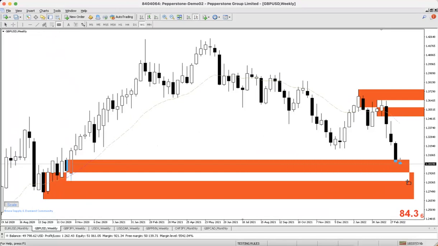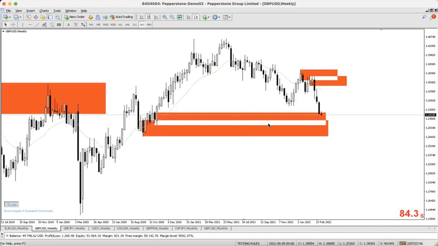So the market fell, and then it tested this zone that is fresh. The market now is on this fresh zone, so there is a high possibility that the market will respond and go up because it tested this area. The market might go up in future.